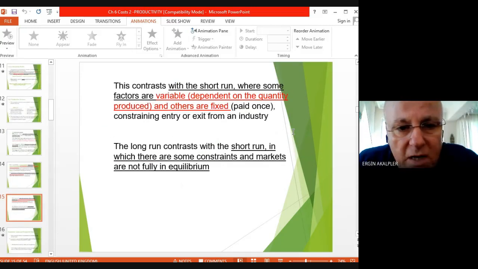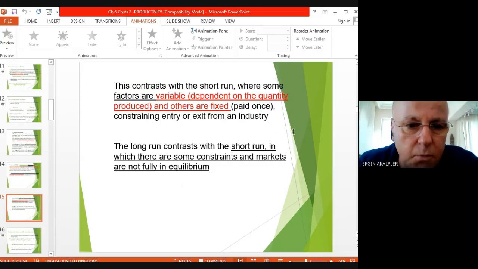This contrasts with the short run, where some factors are variable, depending on the quantity produced, and others are fixed, paid once, constraining entry or exit from the industry. The long run contrasts with the short run, in which there are some constraints and markets are not fully in equilibrium.